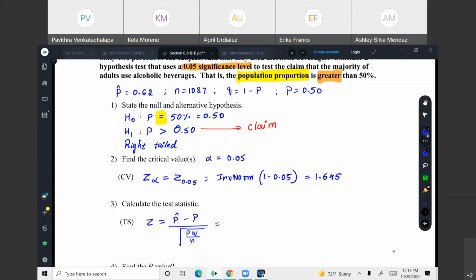Did I teach you how to calculate the p-value? Right.